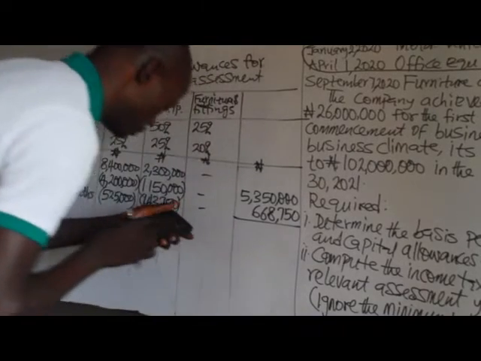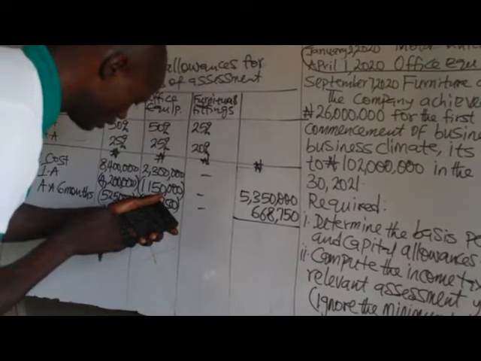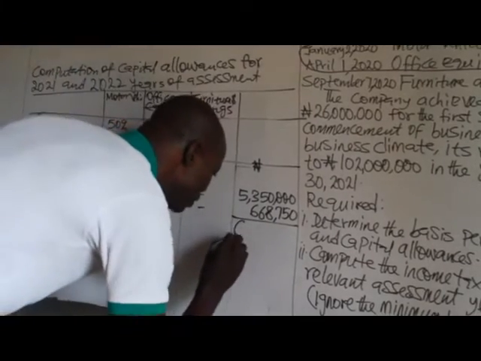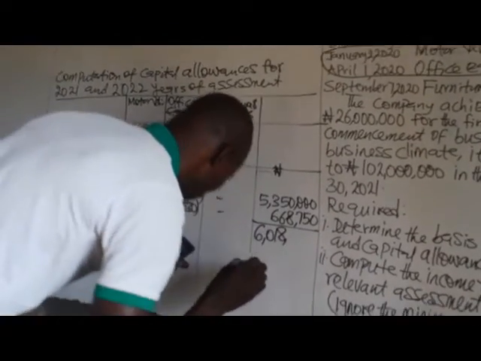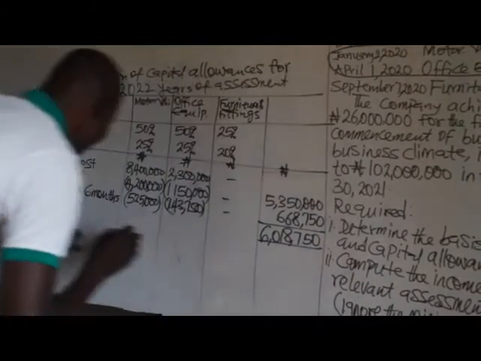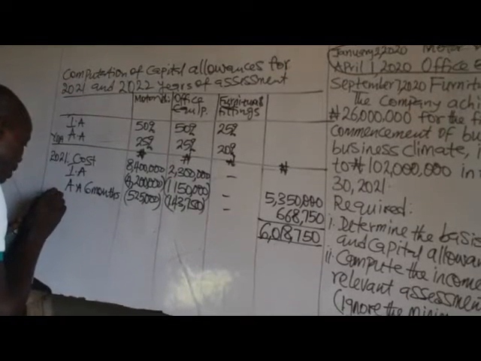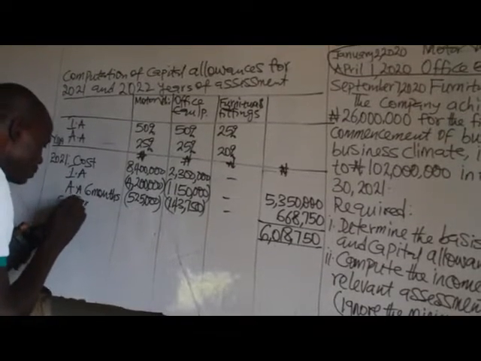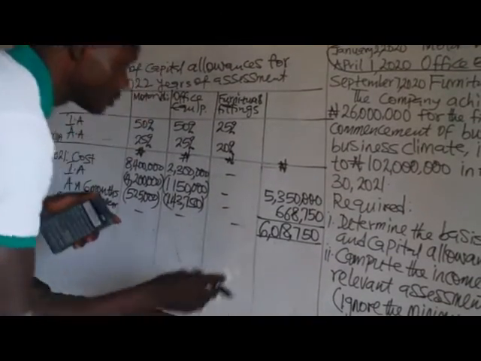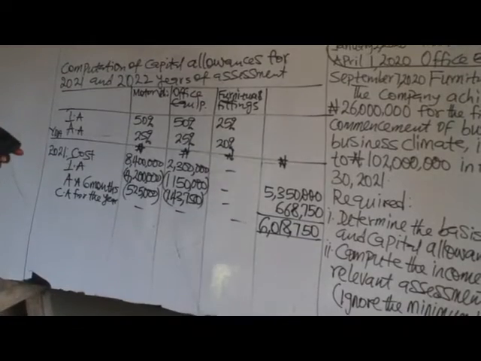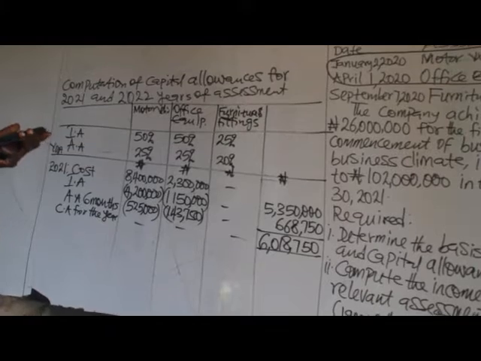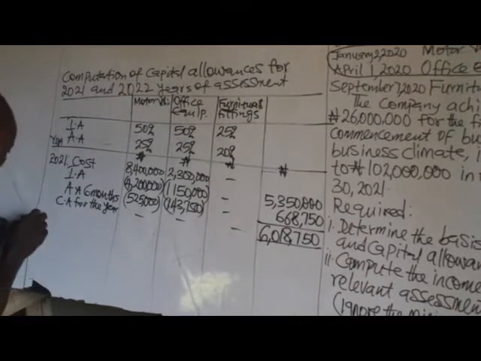So if you sum it up, plus 5,350,000, then you have 6,018,750. That means capital allowance for the year is 6,018,750.